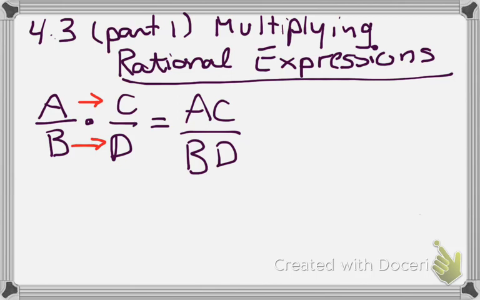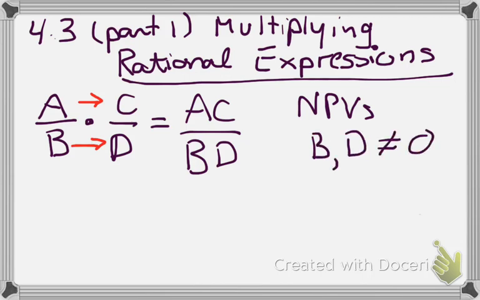Of course, when we're working with rational expressions, we know that we have to look at our NPVs. So in this case, b and d cannot equal 0. Division works a little bit differently, but I'll be discussing that tomorrow.